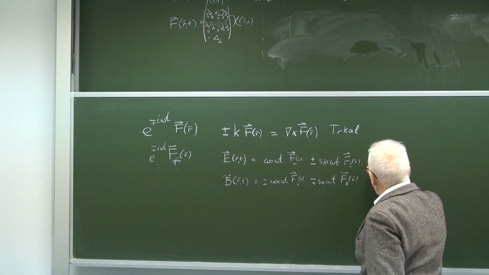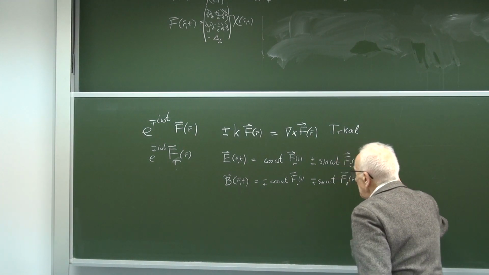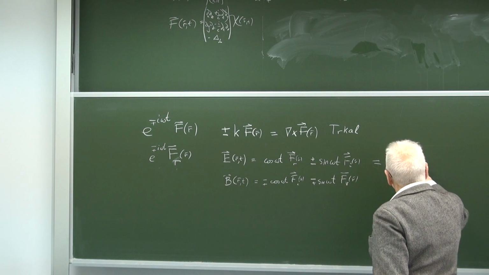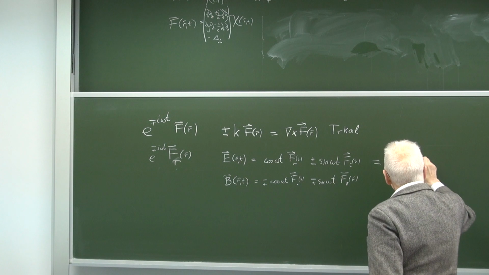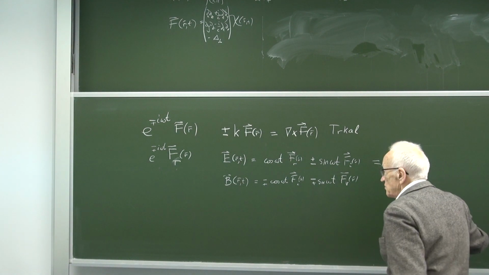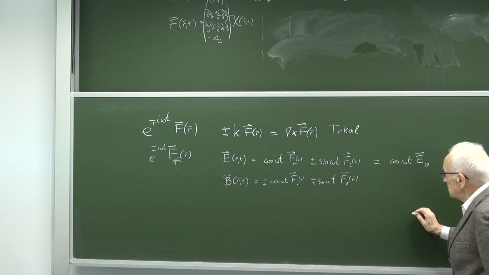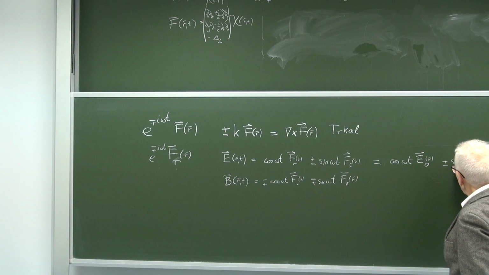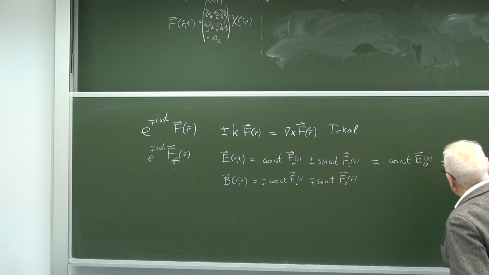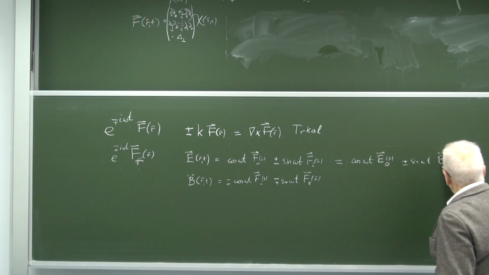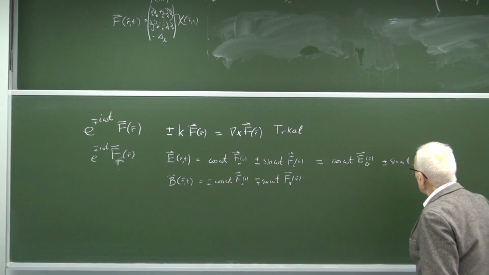So I can also write this down in the form cosine omega t times the electric field at the time 0, which is a function of r, plus minus sine omega t, and here is the magnetic field at time t equals 0.